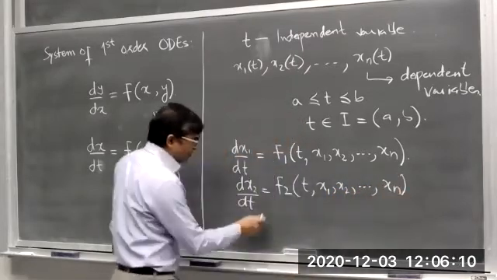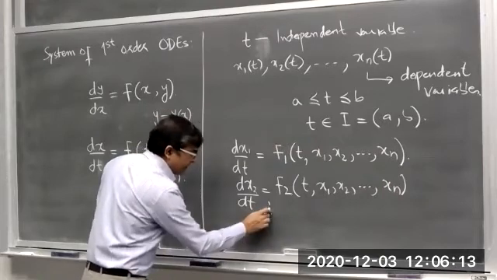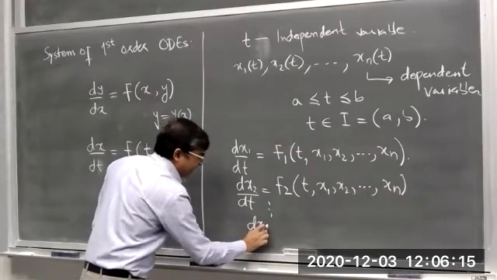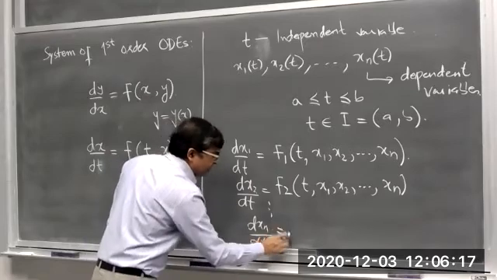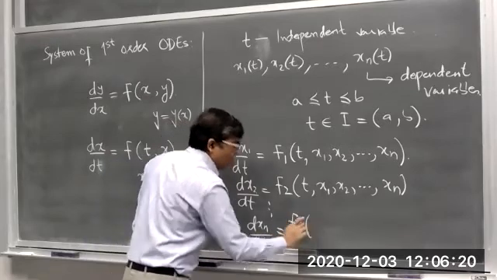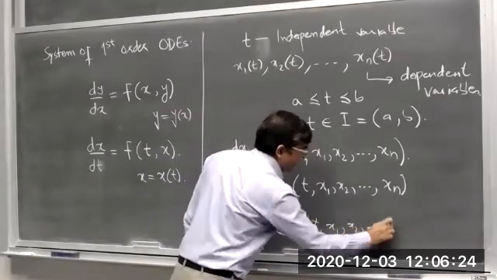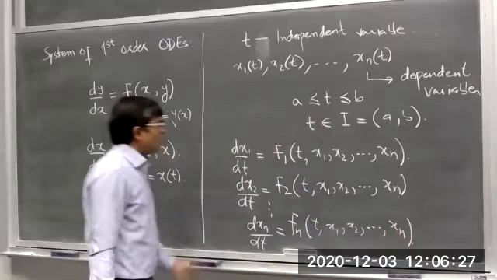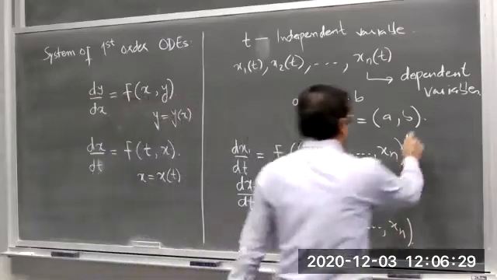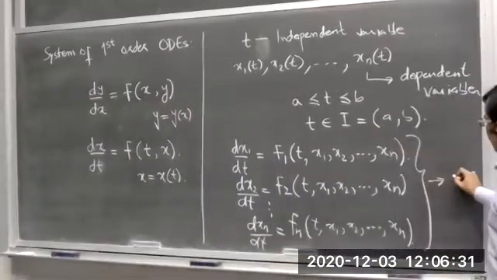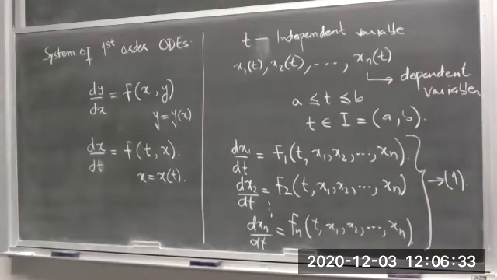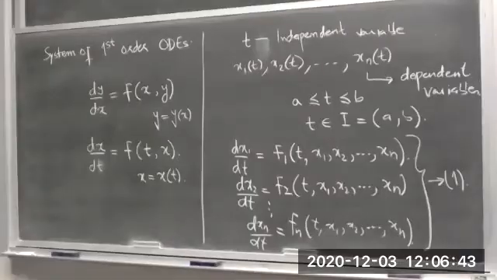In general, dxn by dt is equal to some function fn of t, x1, x2, and so on, xn. This is how we can define a system of first order ODEs. We call this system 1. Is there any question?